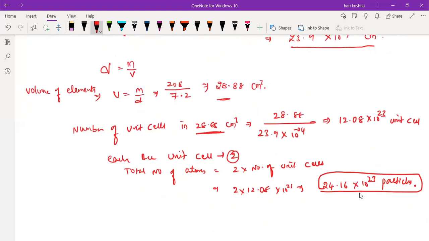Each BCC unit cell contains 2 atoms, so total number of atoms equals Z into total number of unit cells: 2 into 12.08 into 10 power 23 gives 24.16 into 10 power 23 particles.